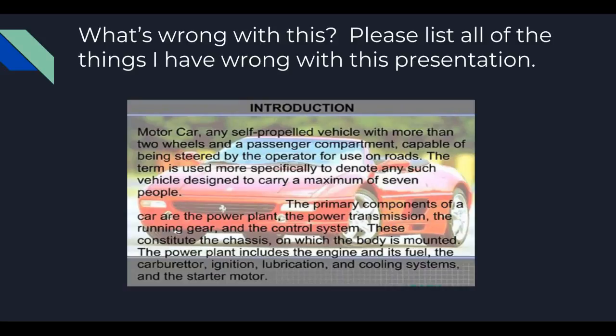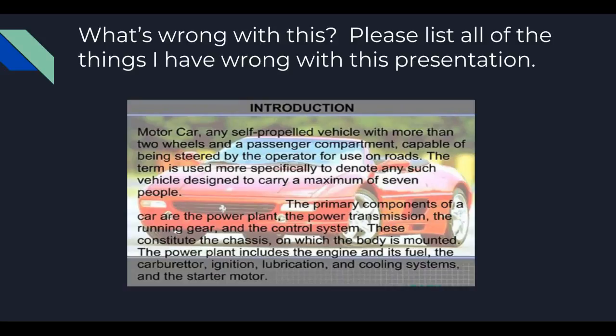So, to begin, introduction. Motor car, any self-propelled vehicle with more than 2 wheels and a passenger compartment capable of being steered by the operator for use on roads. The term is used more specifically to denote any such vehicle designed to carry a maximum of 7 people.